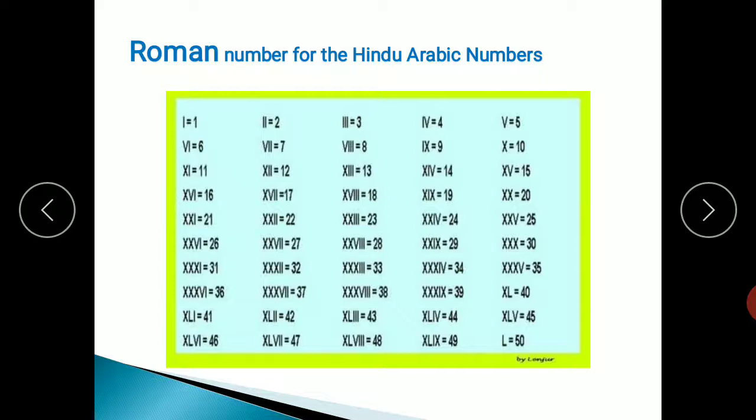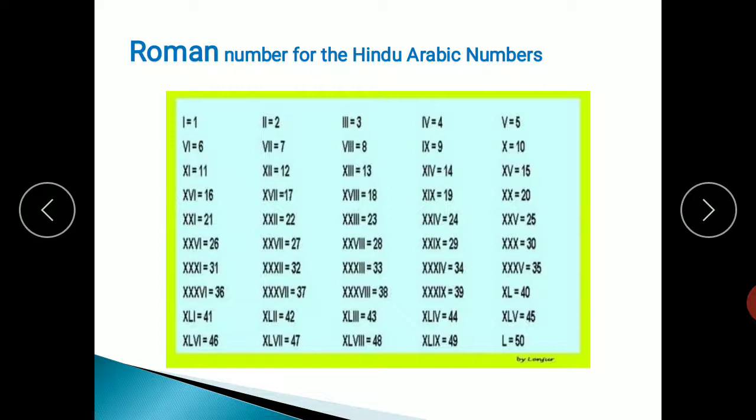Now similarly, I want to write 20. I said any number we take will repeat in Roman numerals only 3 times. XX is 20, and XX taken 3 times will become 30. I want to write 40.